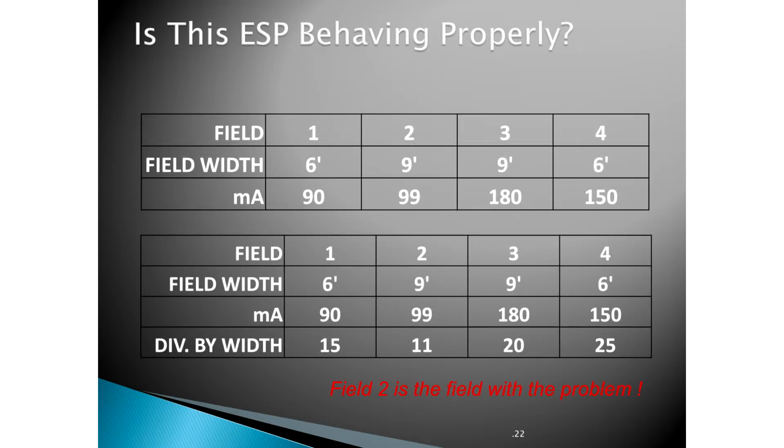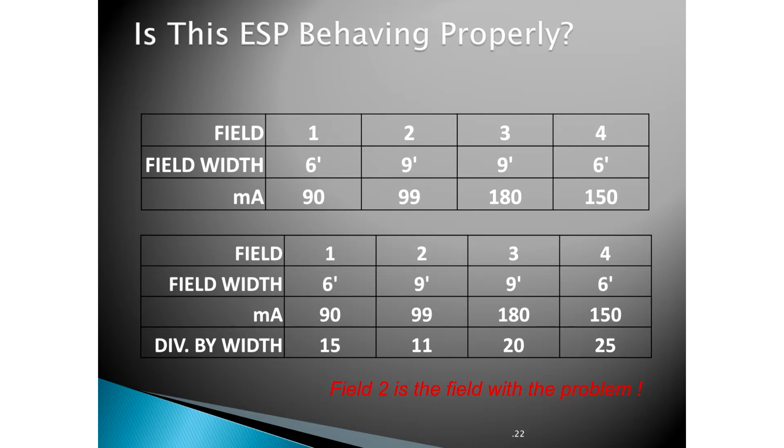So if I looked at this precipitator and just thought that current should increase from inlet to outlet, I would think there are problems with the fourth field because it's going up and then down. But because the fields are different sizes, this is a 6-foot plate, and these are 9-foot plates, and then back to a 6-foot plate, I need to divide this number by the width of the field. That'll give me a number of 15. 99 divided by 9 is 11.